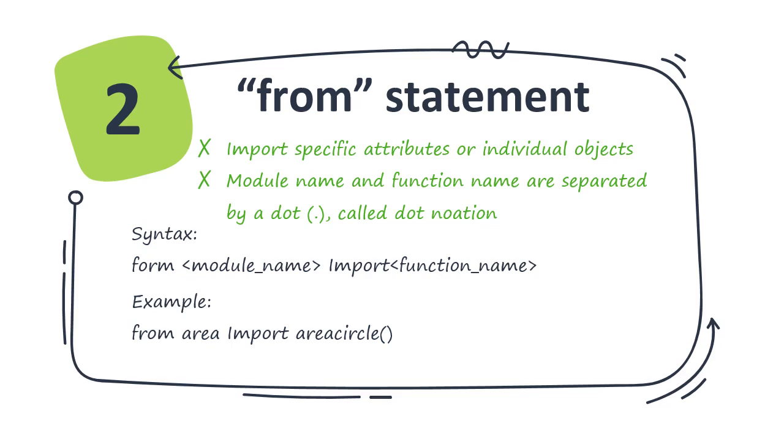In the area module there will be multiple functions for calculating the area of different shapes, like area circle, area rectangle, area square, area triangle, area sphere, etc. In that case we only want to import a particular function, which is area circle. We want only to calculate the area of a circle. So we are importing that specific function using the from statement: from area import area circle. From the module area, import area circle. So that is the from statement.